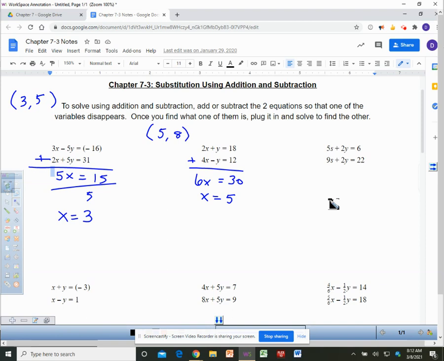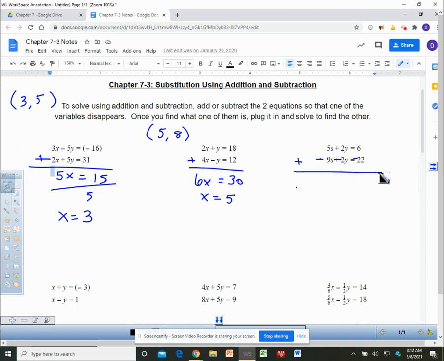So all I'm going to do is multiply the bottom equation by negative 1. All that's going to do is change all my signs. So this will be a negative 2y, negative 9s, negative 22. Now are they opposites?